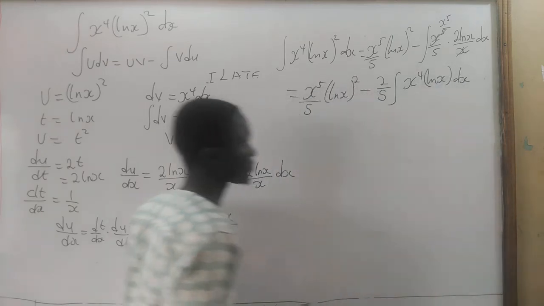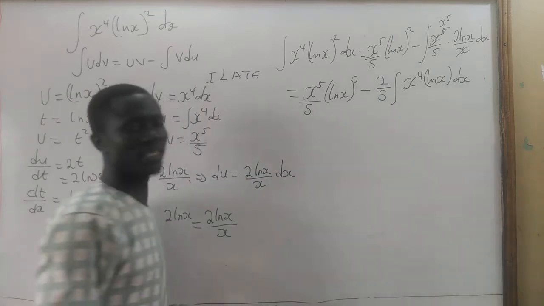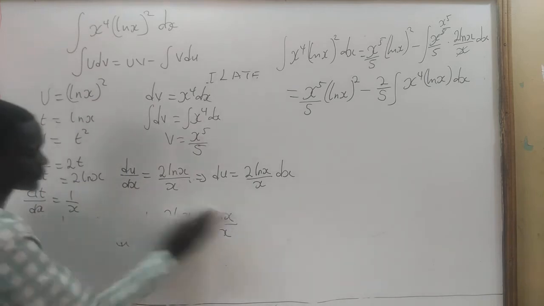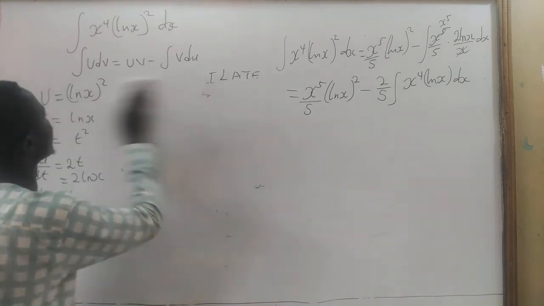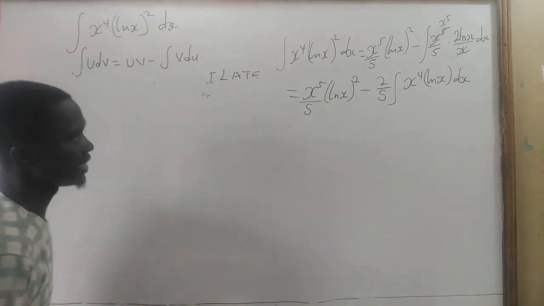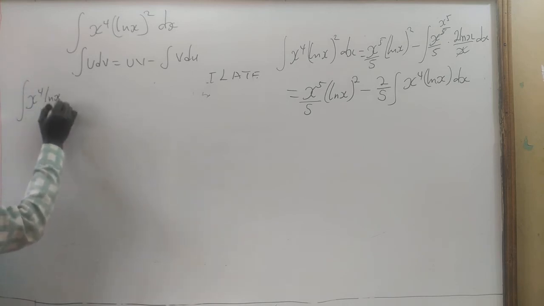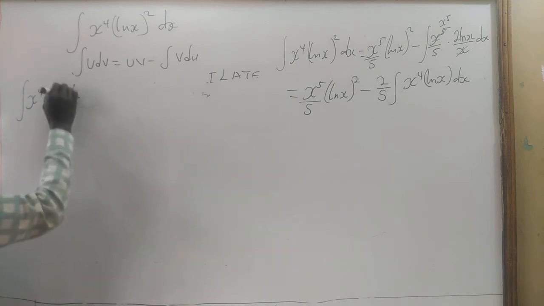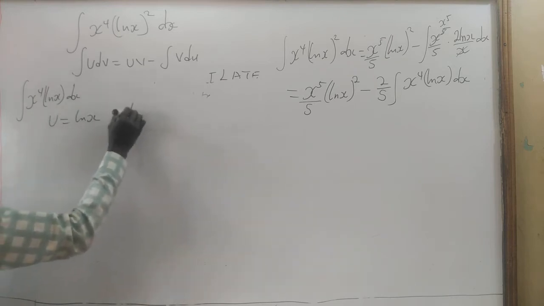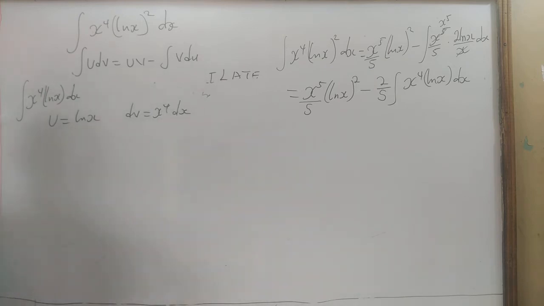Now, we are going to take this one and integrate using integration by parts again. So let's clean this portion. For the integral of x to the power 4 times natural log of x dx, we take u to be equal to natural log of x and dv equal to x to the power 4 dx.